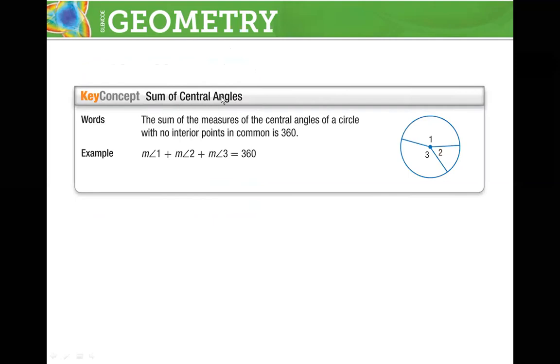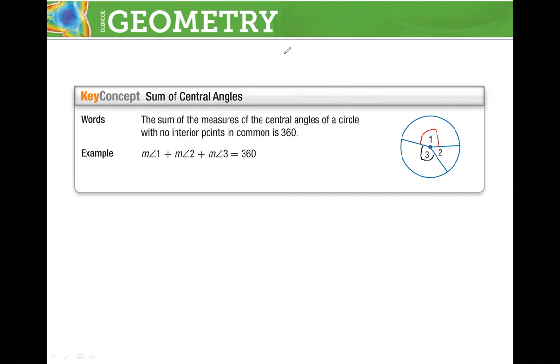The sum of the central angles. What is meant by the central angle? The central angle is the angle like 1 or 2 or 3. It means the angle whose vertex is the center of the circle. This is called a central angle because the vertex of angle 1 is the center of the circle. Angle 3 also is a central angle because its vertex is the center of the circle.